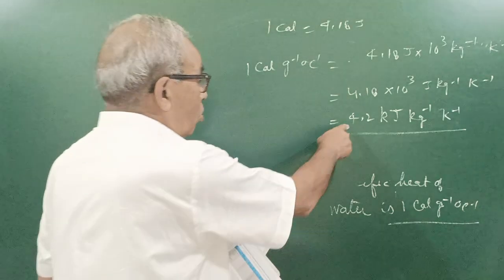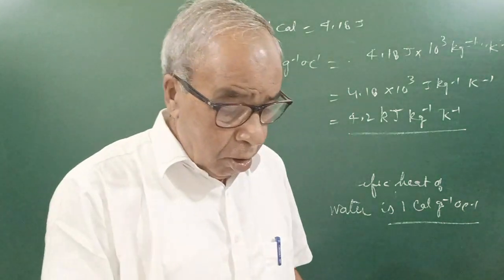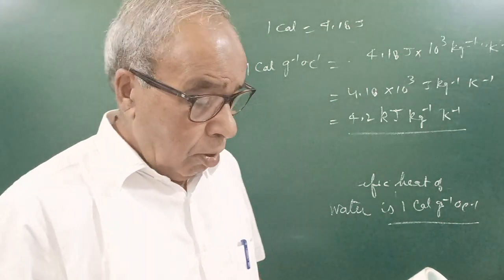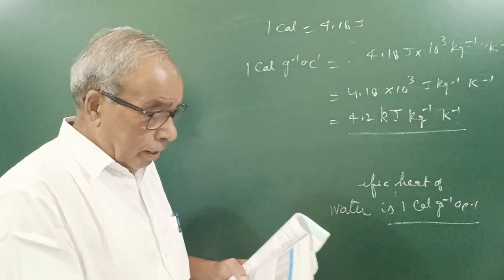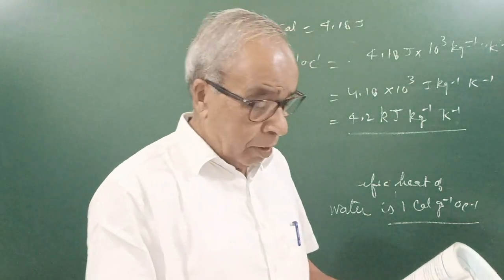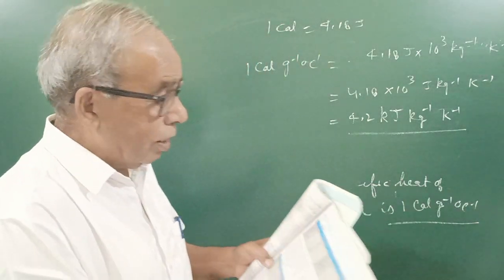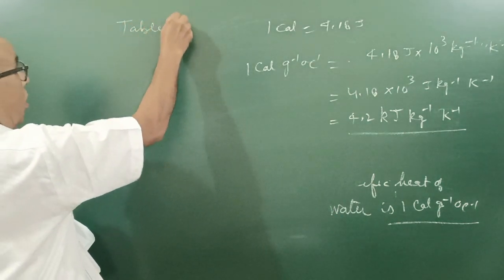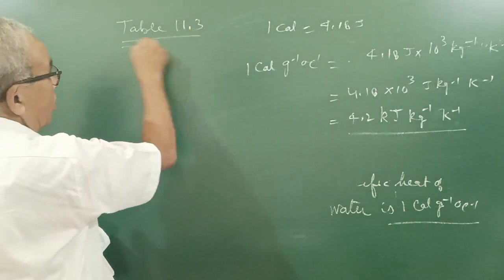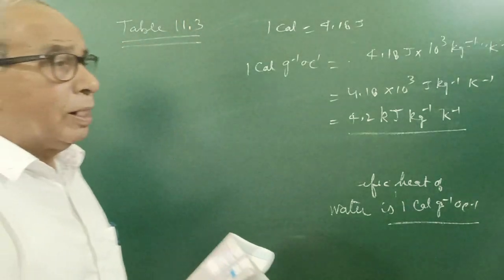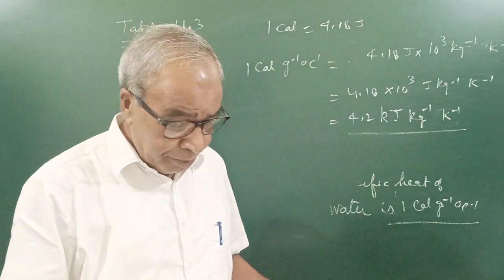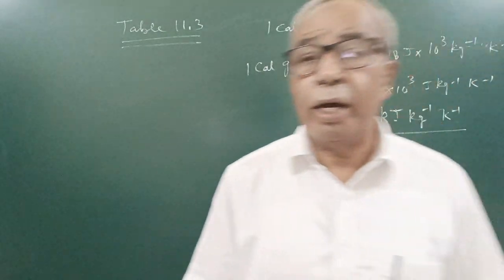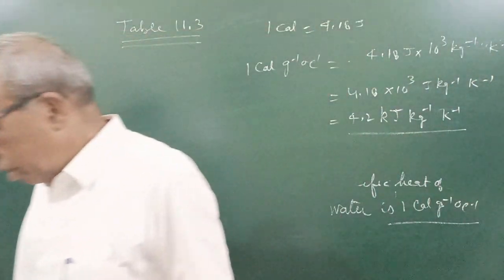Kerosene oil has sufficient. Ice 2060, glass 840, kerosene oil 2118. And this table is Table 11.3. You are given specific heat of different materials, and you will find that it is maximum for water, and we are using the advantage of it in our life.